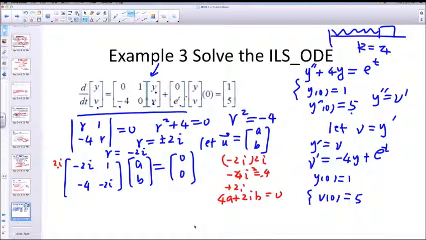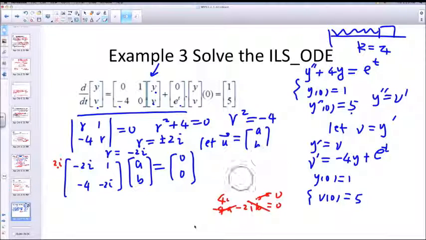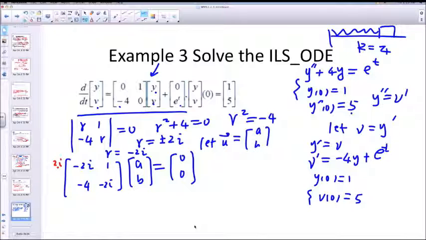The second one is negative 4a minus 2ib equals 0. Of course, that's the same thing. So we only need the one. You just understand that we only have one equation. If you had two, there's nothing to do, 0, 0. So we pick the first one, negative 2ia plus b equals 0, so b equals ia.